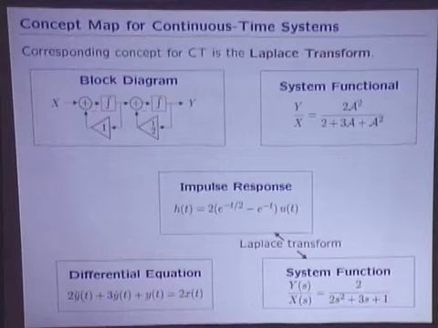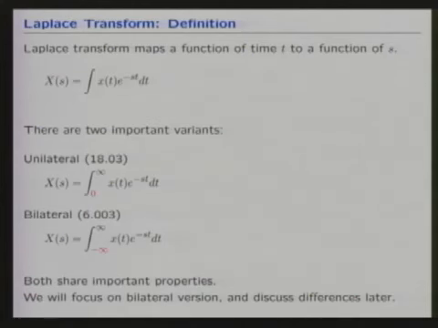We'll look at that similar function for CT, the thing that's analogous to the Z transform in DT. So Laplace transform, just like in DT, where it maps a function of time to a function of Z, here it maps a function of time, which in CT we'll write that way. It maps that to a function of s.